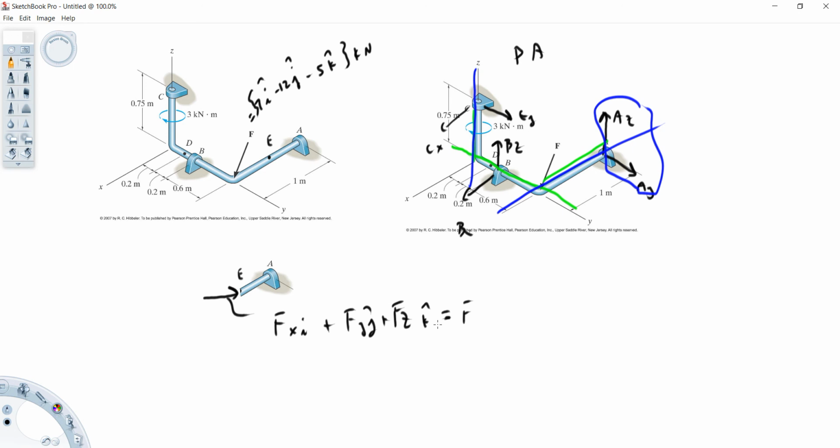Looks like we're going to have to put a three-dimensional moment vector on this as well. I'll just draw it like so. That's going to have an X component I, a Y component J, a Z component K, and then don't forget the reactions AX, AY, AZ.